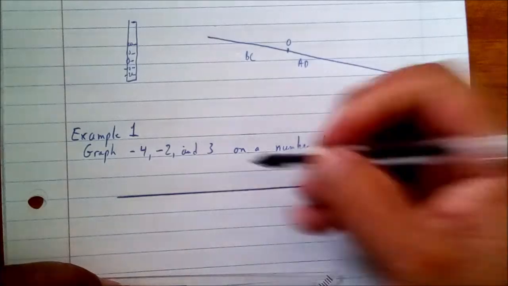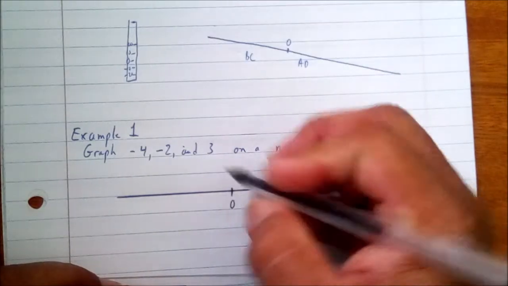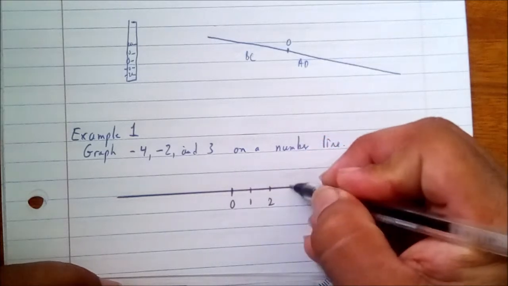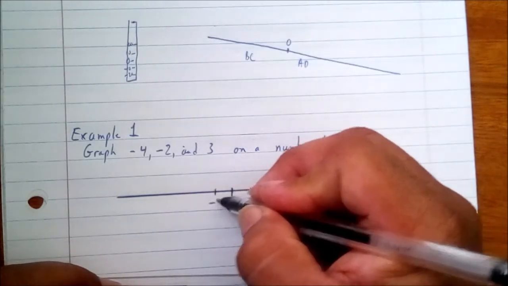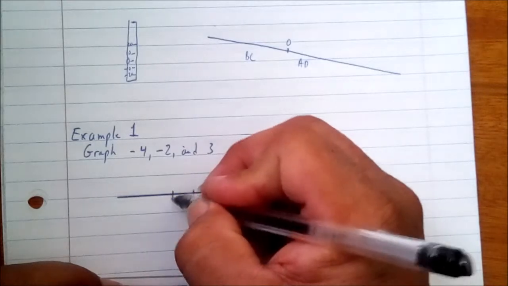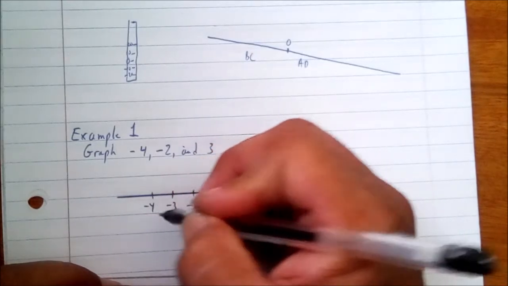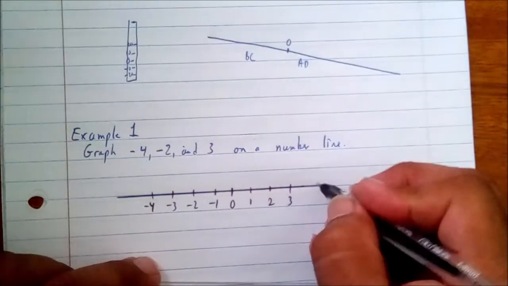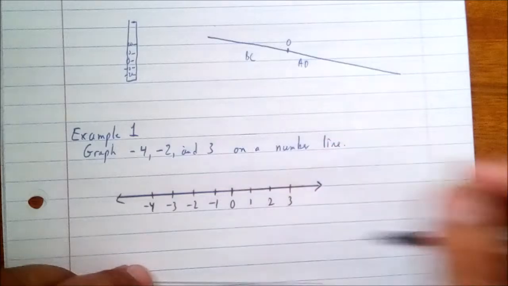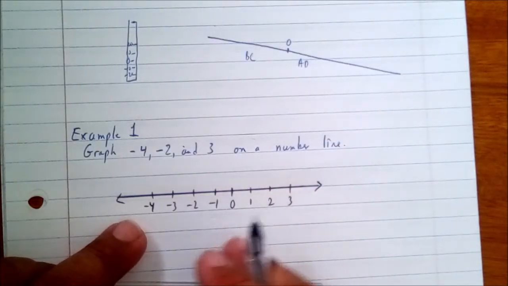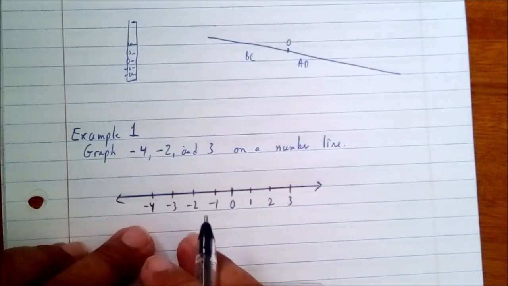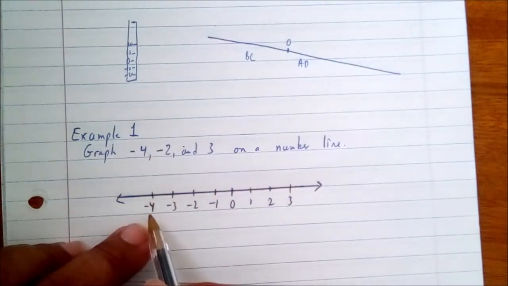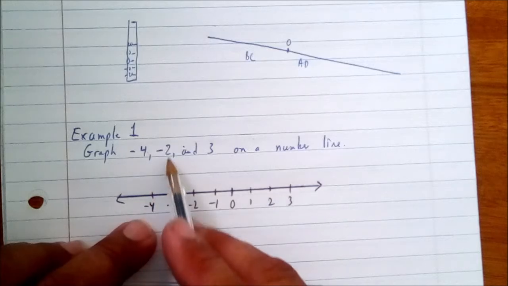Notice importantly that we have 0 here, the positive goes to 3, so we put 1, 2, 3, and here -1, -2, -3, -4. So our strategy, first of all, is to draw the number line that we will be working with. Then locate the position of each integer. What's the position of -4? It's right here. So we have located -4, -2, and 3.